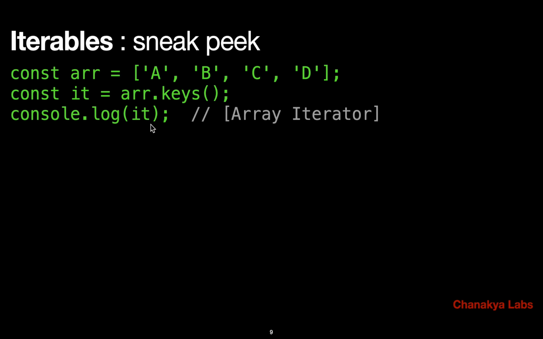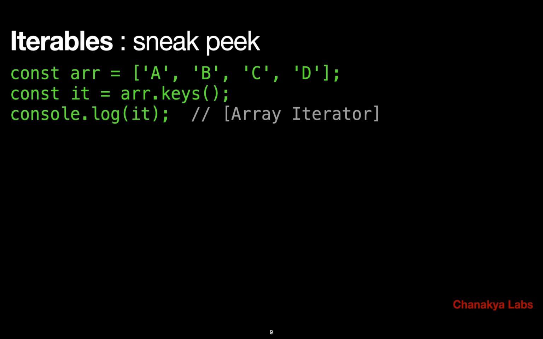But it does not give you all the values at once, like arrays. And how to iterate over iterables, we discussed that: the for of loop. Without the for of loop there is also a way, but we will discuss that later in some advanced sessions, where we'll see how to create your own iterables and handle those.